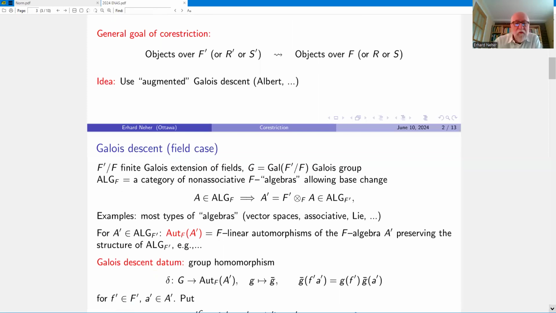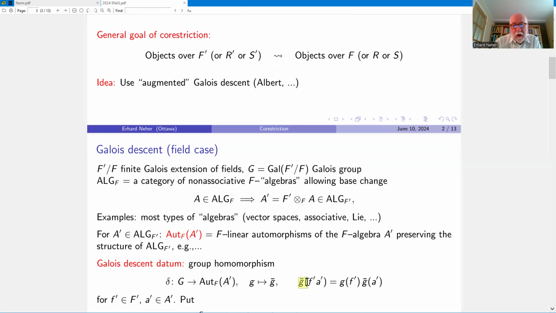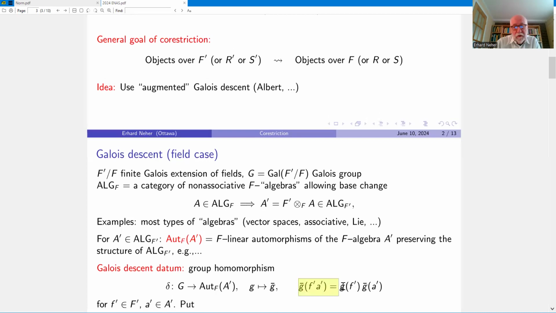So it is a group homomorphism from the Galois group into the F-linear automorphisms of A prime in such a way that if you map g to g bar, then g bar of F prime a prime, we know it's already F-linear, but in fact it is g-semilinear. So this is what this equation tells you.